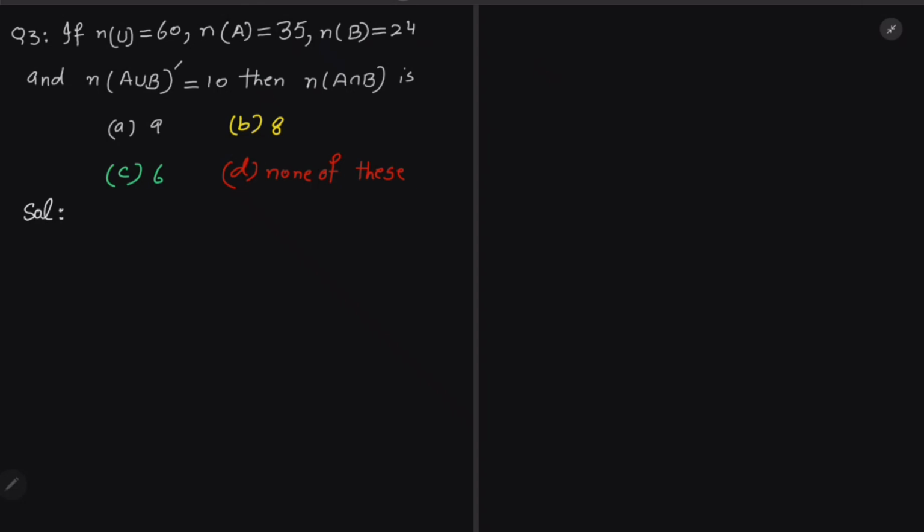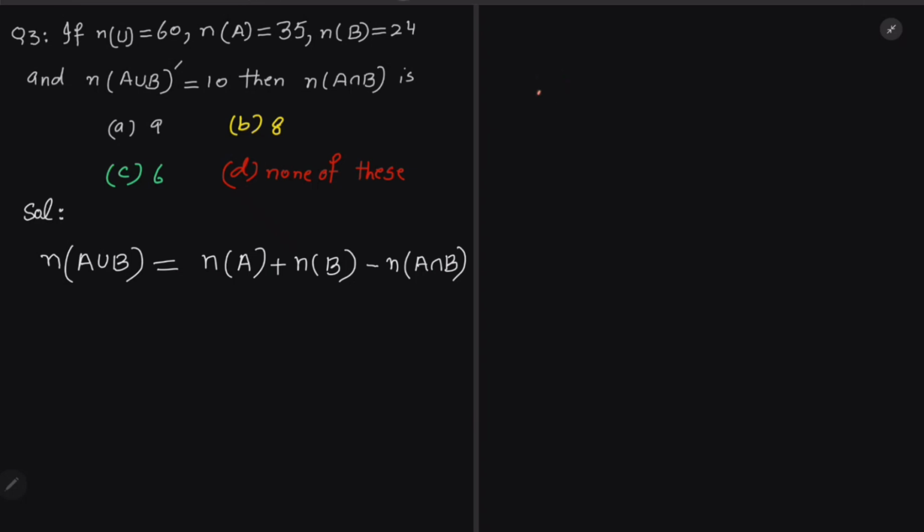Since I know the answer, I pretend that I don't know it. If you want to calculate A intersection B, then we know that n(A union B) will be equal to the number of elements in A plus the number of elements in B. Since it can happen that you have common values in A and B, you subtract that by taking the intersection.